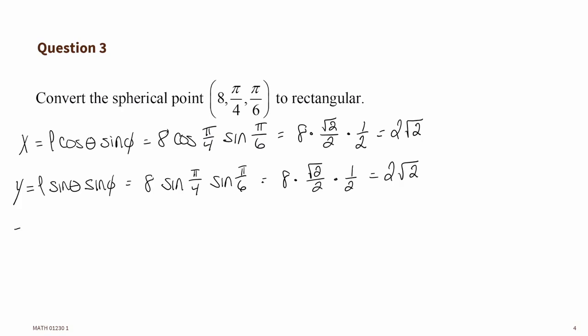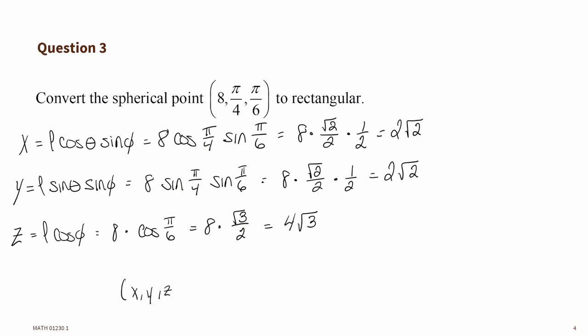How do you find z? Rho cosine phi. What is cosine of pi over 6? That would be our rectangular point.